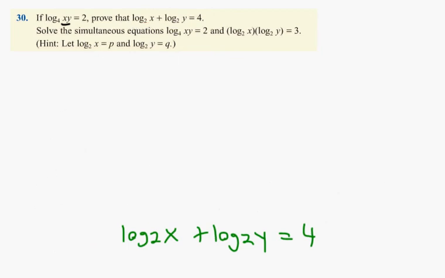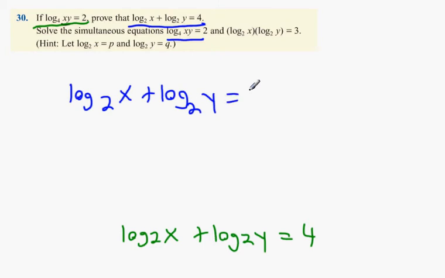So I'm going to replace this part here with this part here. So what we're going to write down is the question is now log base 2 x plus log base 2 y equals 4.